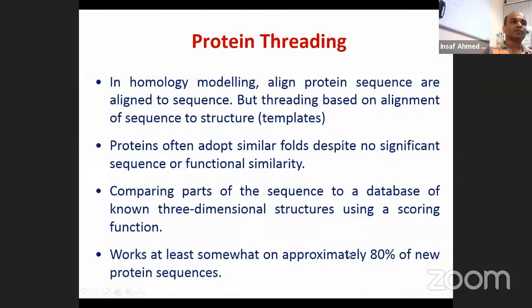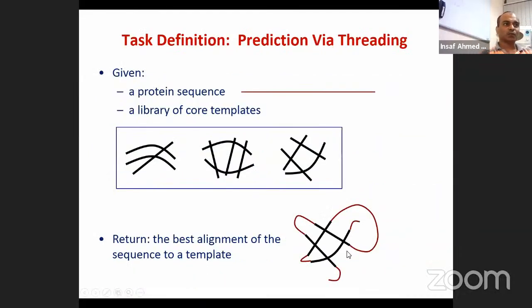So how will you perform threading? Suppose this is a protein sequence, like we have 268 amino acids. They do not have similarity with any other structure available in the database. So we go for threading, and threading can be considered as exploring the protein folds. There are servers which have a library of different folds, on the basis of their sequences.